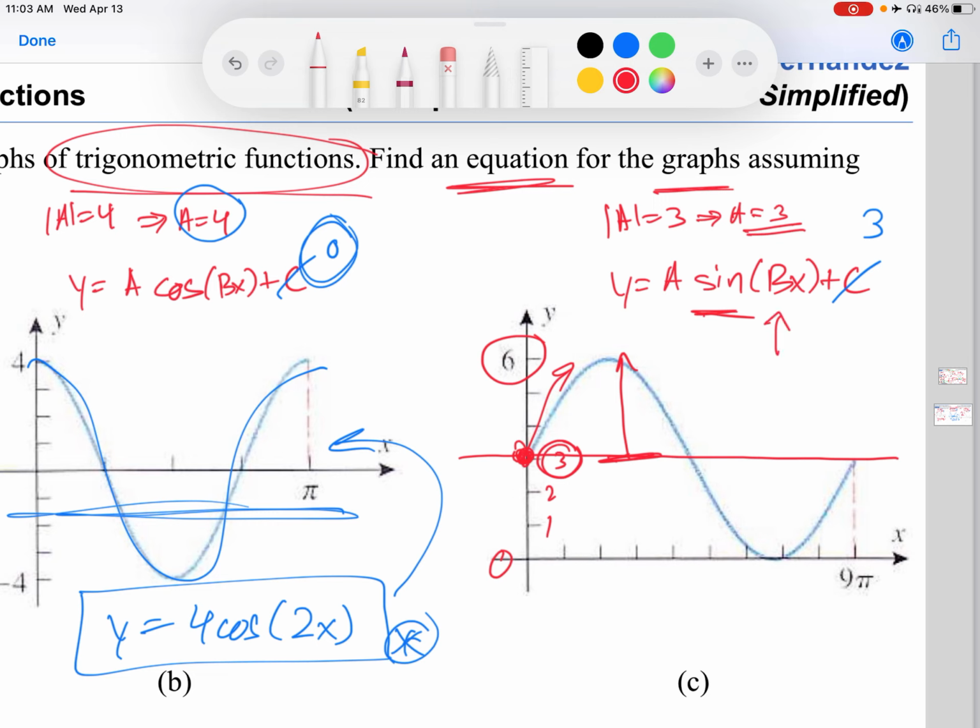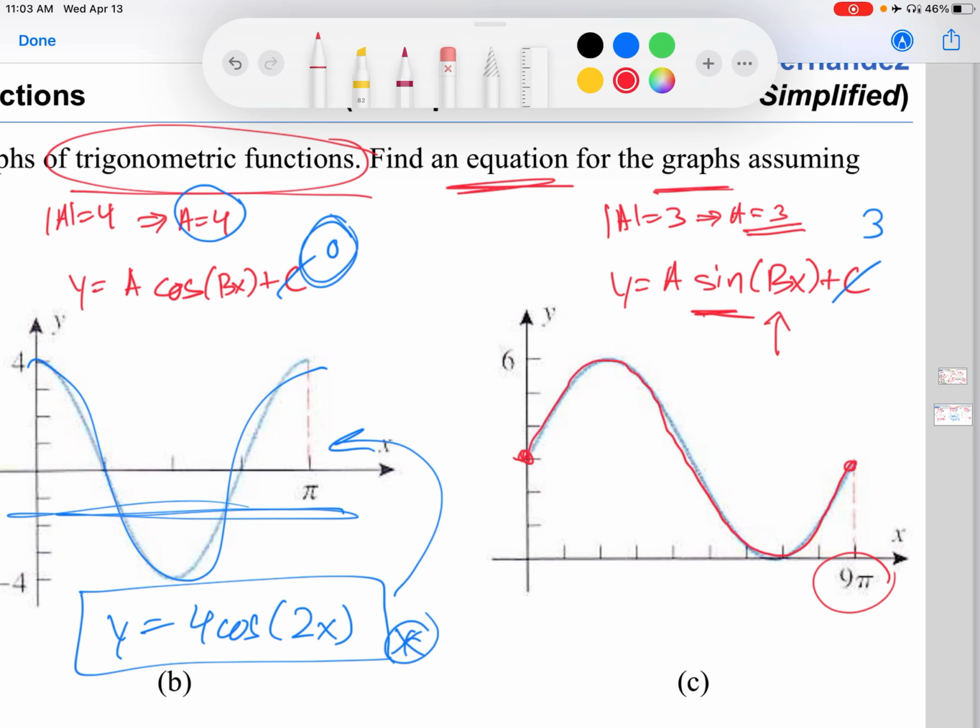And then the b value, how do I determine that? Same as before. Let's look along the x-axis now. This one goes all the way up to 9 pi. So let's start here doing it with the period first. I have one full oscillation that takes 9 pi units in the x direction. That's the period.